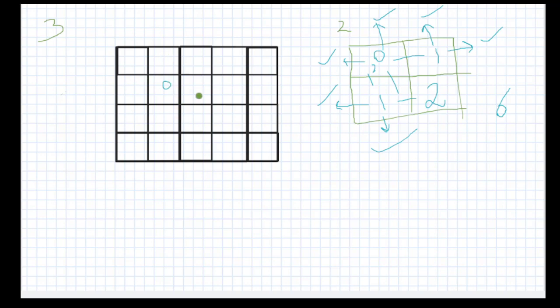For all 4 possibilities, if it's not crossing the grid, mark that cell with the number of moves that take it there. So this is 1, 1, 1, 1. Now, are the moves exhausted?